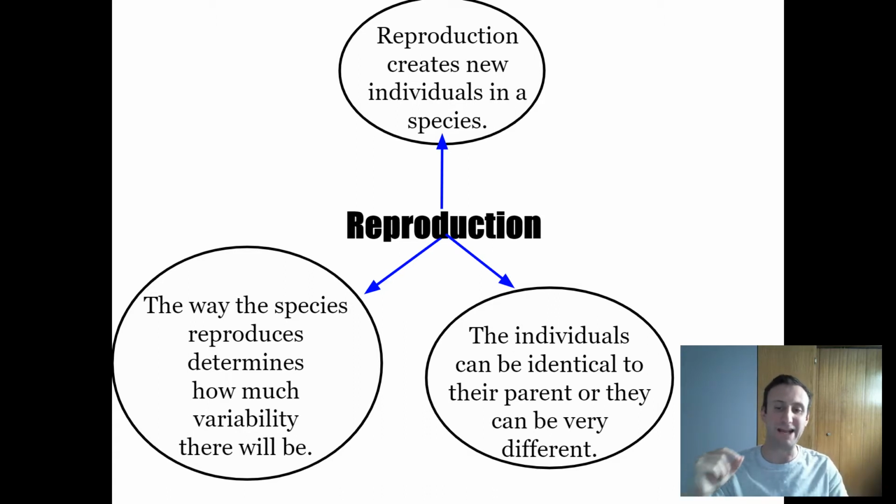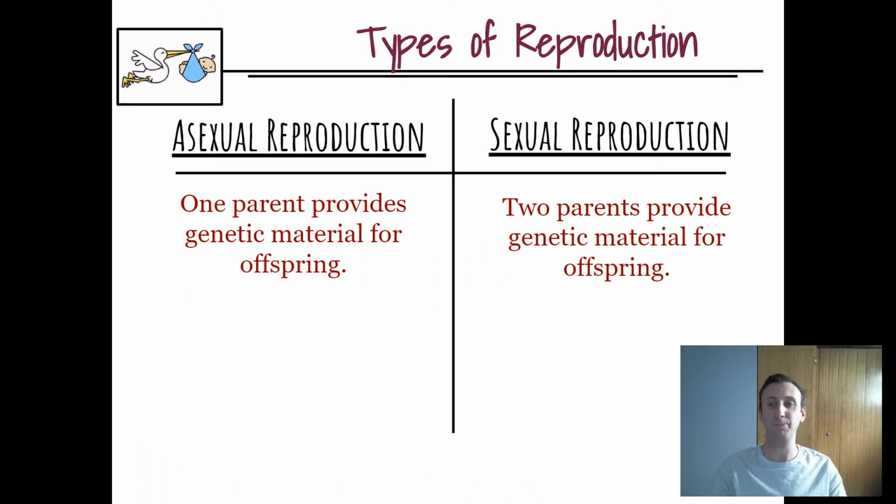The individuals can be identical to their parent, or they can be very different. Depending on the method we use, that will determine if we have high genetic diversity or not. But at the end of the day, reproduction is always about making more of that particular organism.